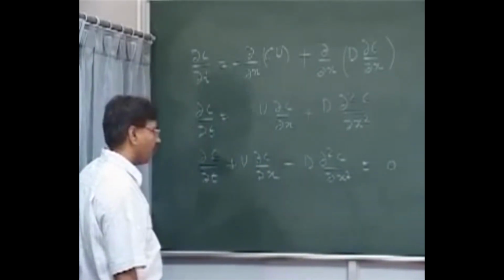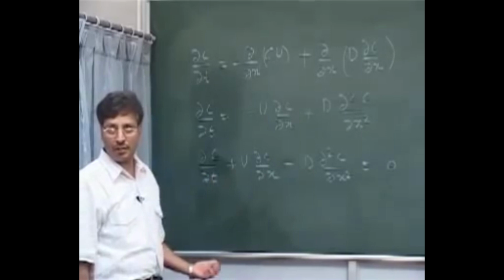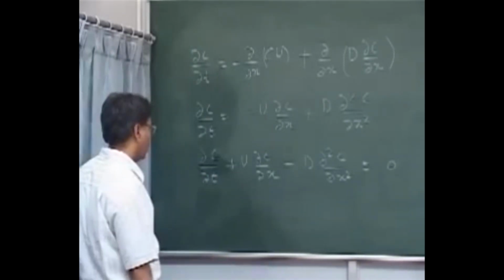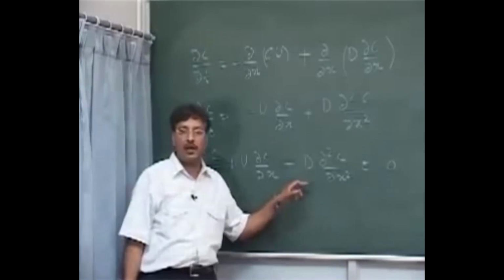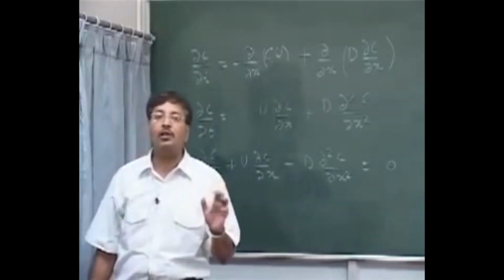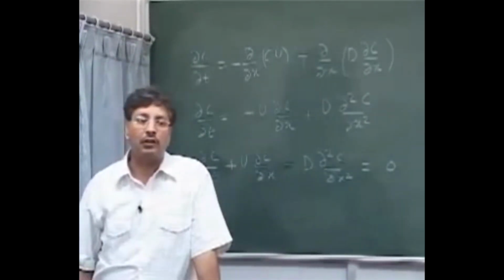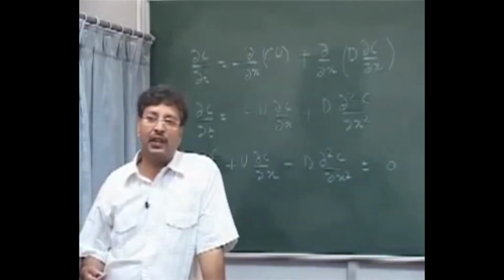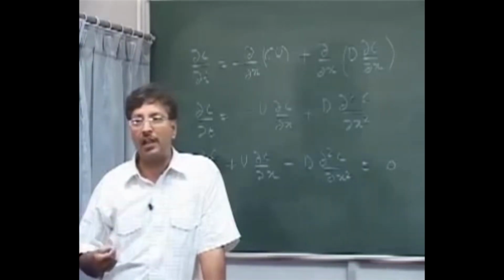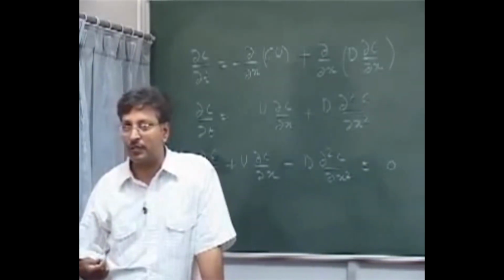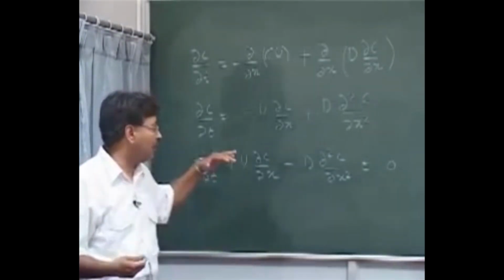And if you agree, I can write a three-dimensional form of this one. But before we do that, you recall this D we are taking as the molecular diffusion. Now I will replace it with the turbulent diffusion, because in the atmosphere most of the time we encounter turbulent diffusion, hoping that the theory remains the same.